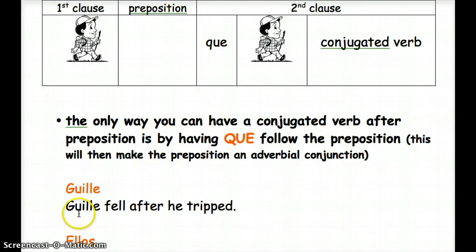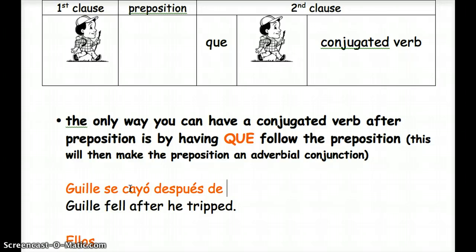So chicos, Guille fell after he tripped. You can hear in English the verb is conjugated. We can do a modification of that same example we did just before this, even though there's no change in subject, by saying Guille se cayó. We'll have después de again.